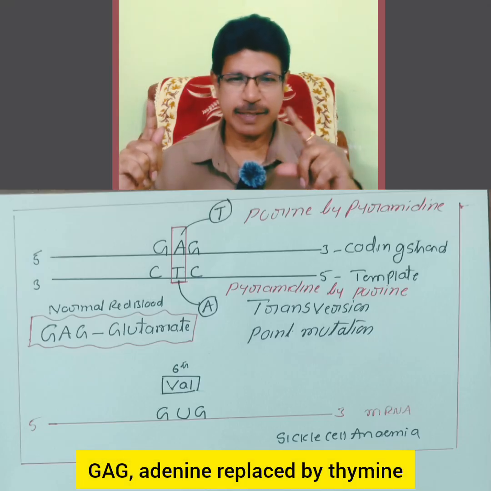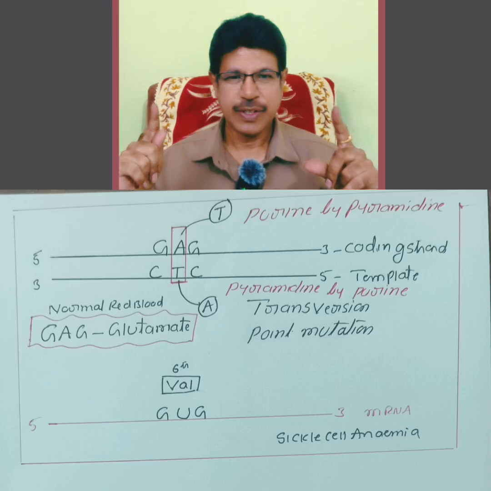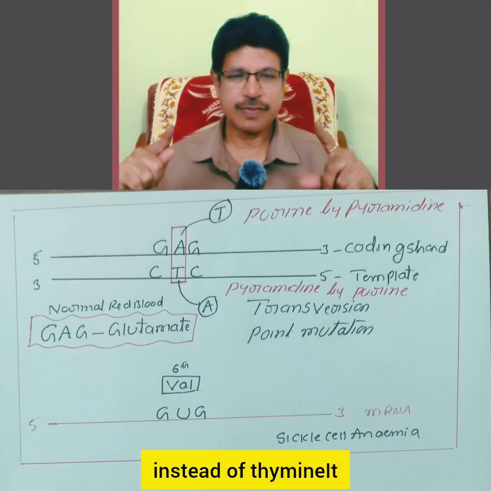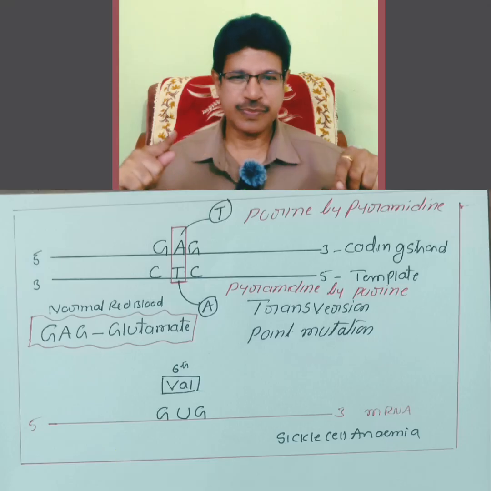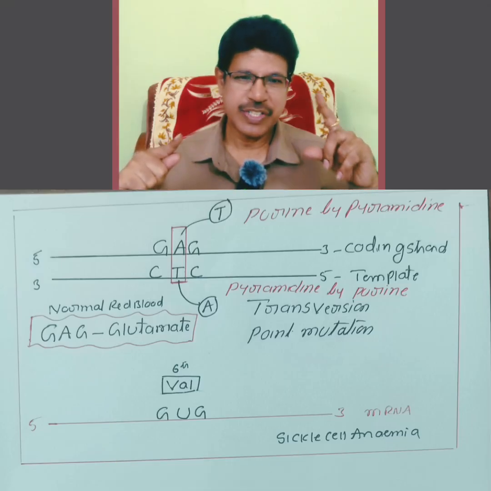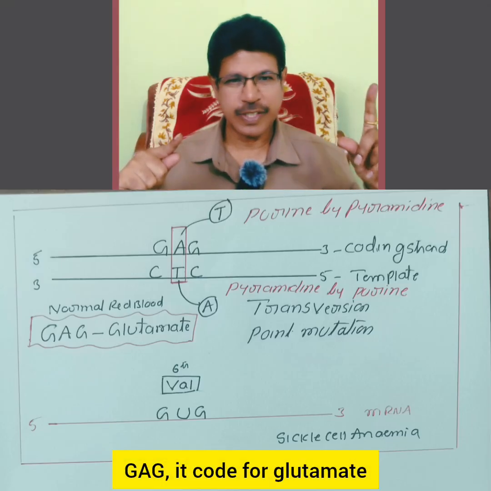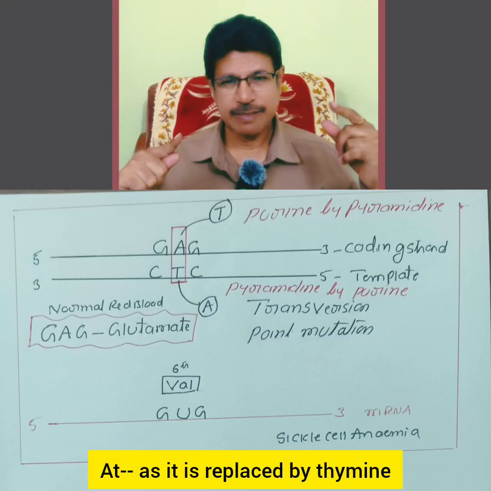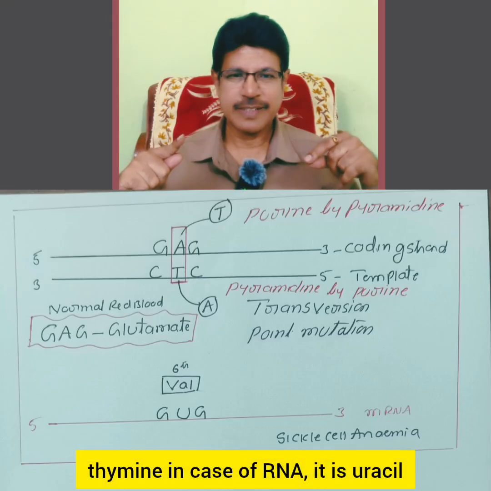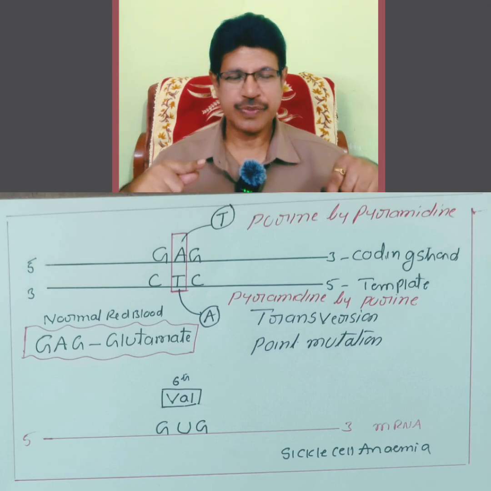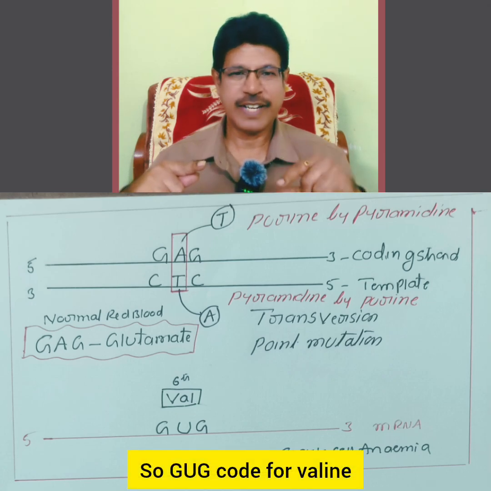GAG, adenine replaced by thymine. So in case of mRNA, instead of thymine it is uracil, GUG. Earlier, GAG codes for glutamate. As it is substituted by thymine, in case of RNA it is uracil. So GUG, and GUG codes for valine.